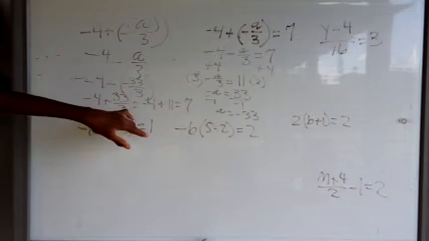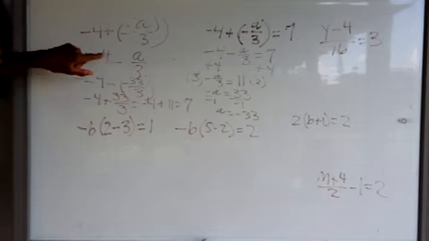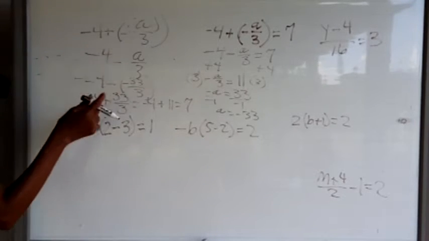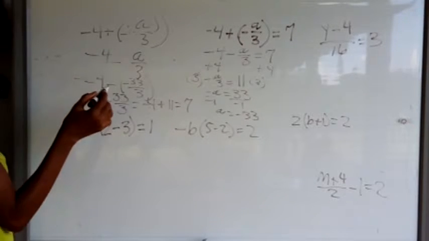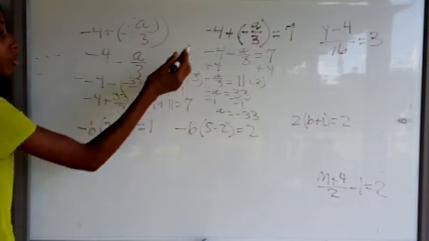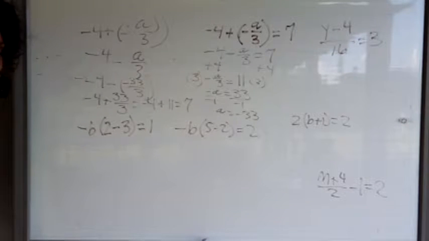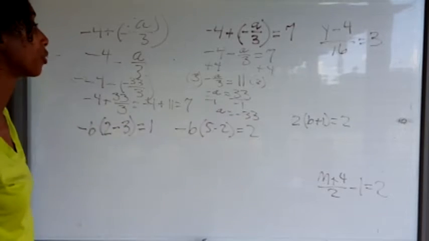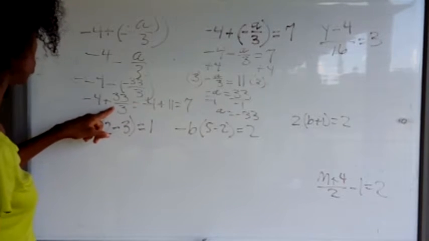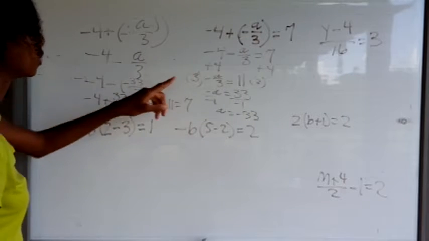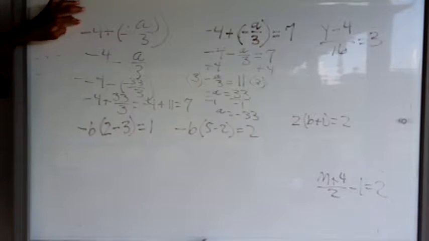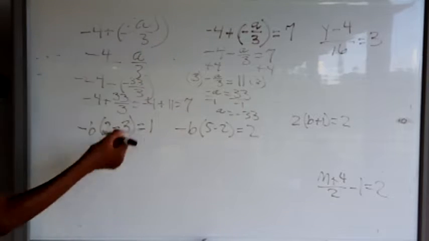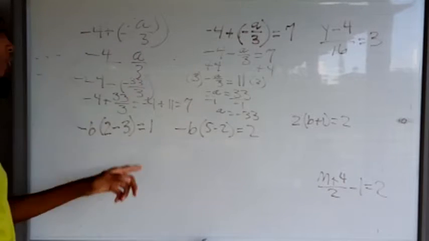So how we got back to a equals negative 33, and to adding instead of subtracting, is because it was negative 4 plus negative a over 3, and we rewrote it to get rid of the parentheses as negative 4 minus a over 3.